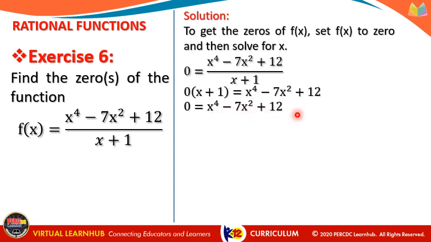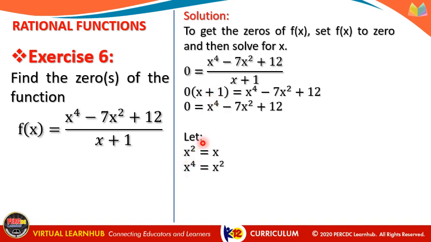Sige, paano natin uumpisahan ito? Let's start with this. Let us let x squared equal to x and x raised to 4 equals x squared. Ano ibig sabihin nito? Ang gagawin natin is, lahat ng x raised to 4 ay gagawin nating x squared. So, itong x raised to 4 na ito, magiging x squared ito.